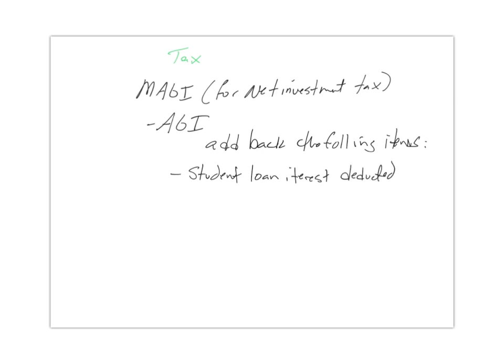So these are all things that are deductions in your regular AGI. So you're going to go down to your AGI calculation and then essentially back these things out, if you had them.